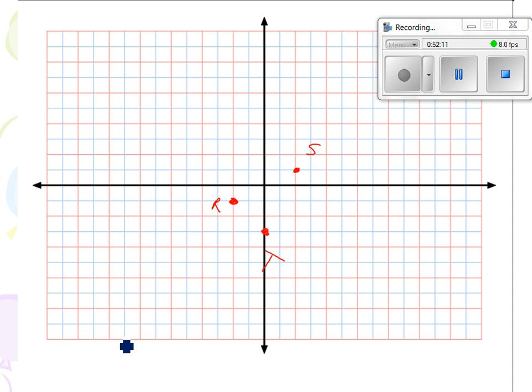So we have those 3 points. Does anybody see anywhere where we could come up with another point that would make it a parallelogram? You don't have to give me the coordinates, just sort of tell me an area. Or come up and point at it real quick.